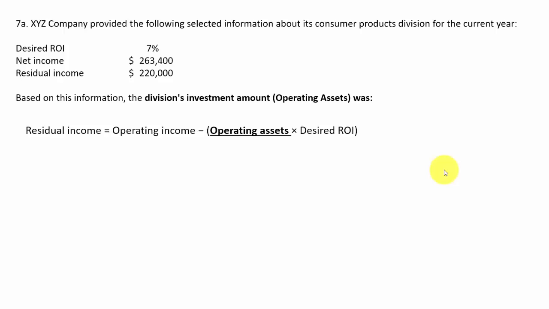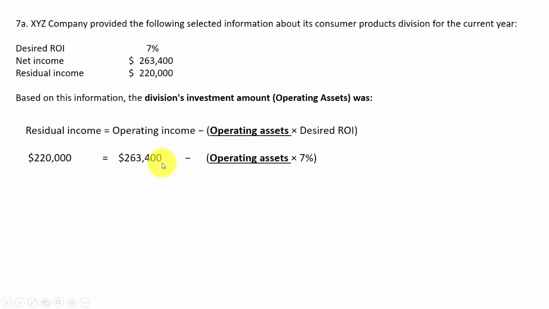Okay, so let's just fill in what we know so far. Based on the problem information given to us, we know that residual income is $220,000. We also know that operating income is $263,400, and then we also know that the desired return on investment was 7%. So this isn't that difficult, but it does require a little math. If this side's 220, this side's got to be 220.